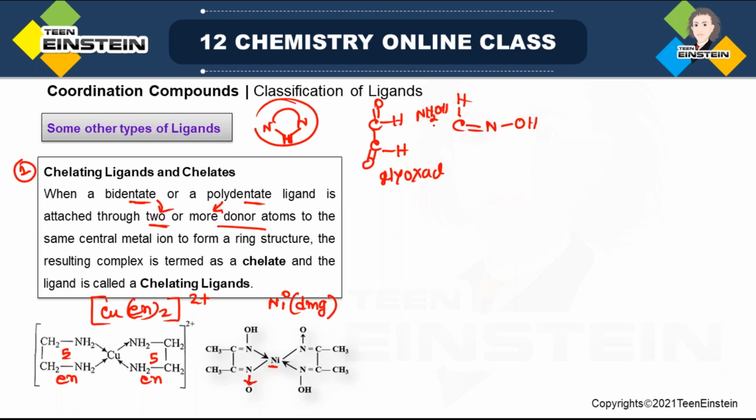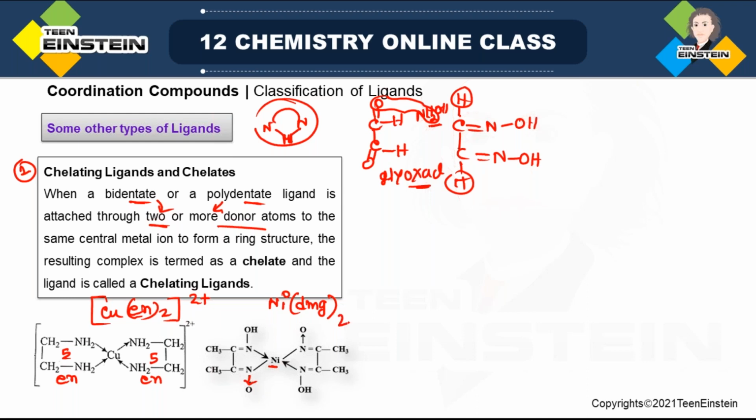So now these two hydrogens and this oxygen together form water and are removed. And finally, you get this type of structure. Okay. So this is glyoxal and this is glyoxine. And after that, if these hydrogens are replaced by two methyl groups, you get this structure. So that is why the name is dimethyl glyoxine, DMG.